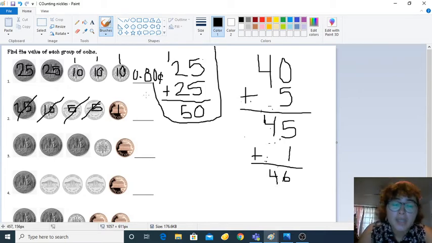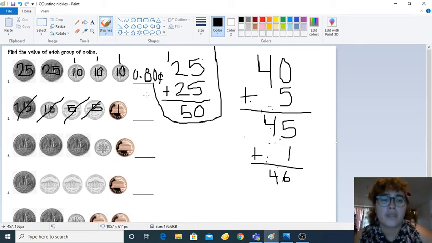So really it depends whether you remember or not, but there are different methods to add things together, okay guys? So you just choose the one that is easiest for you, okay? Oh, look at me writing it without correct form. So we put 0, 46, and the cent signs.